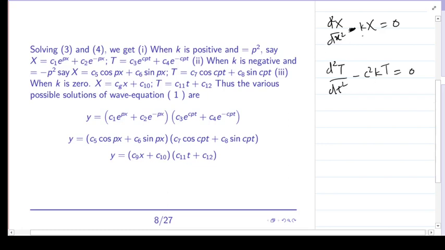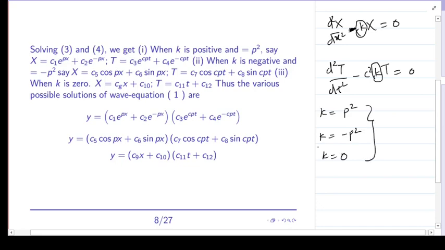This k can be either positive, negative, or 0. So we take three cases: k equal to p square, k equal to minus p square, and k equal to 0.